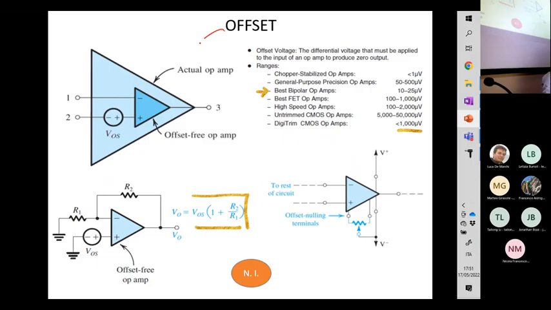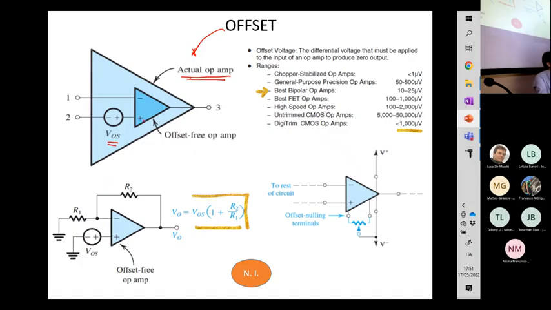To model the offset effect, the idea is to take the actual op-amp and model it as the combination of an offset-free op-amp characterized by the same gain of the actual op-amp, plus an additional unwanted voltage generator whose value is the offset value.